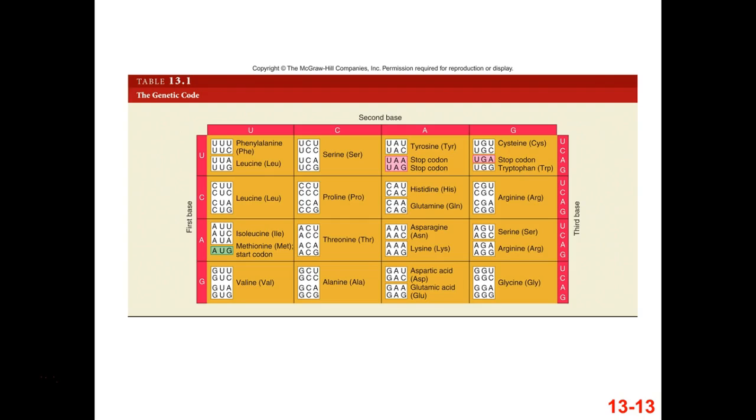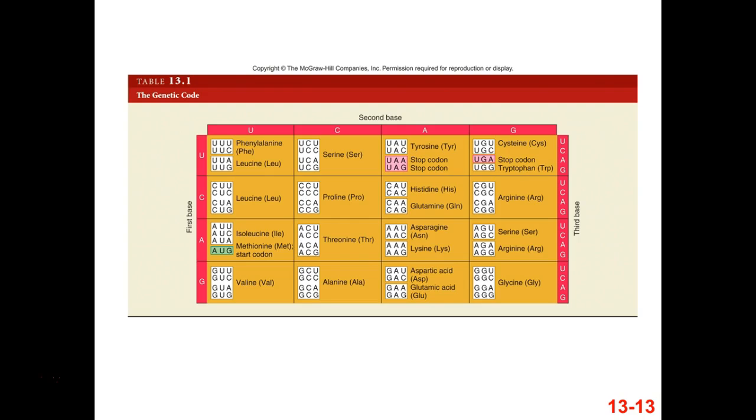Aren't you glad? Right. But note that 3 of these do not code for amino acids. They're what we call stop codons, or sometimes nonsense codons, right? I used this term last time. Sense refers to actually coding for an amino acid. So all the rest of them are called sense codons, S-E-N-S-E, right?